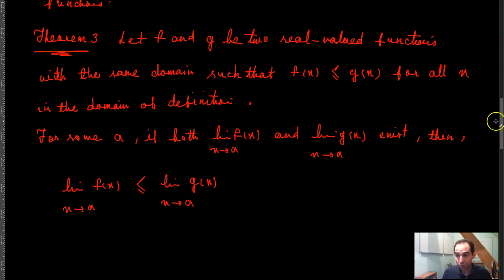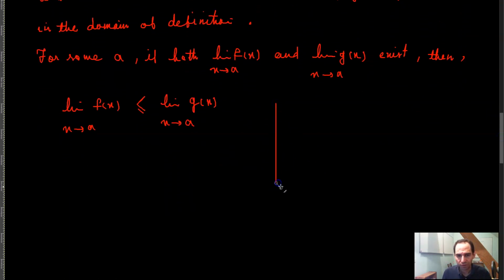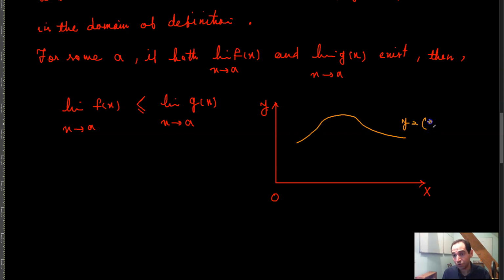And if you want to see an illustration of this, let's say that this is x, o, and y, and let's say that this function over here is y is equal to g of x, and we have another function here which is y is equal to f of x, and at this point, let's say that this point is a.